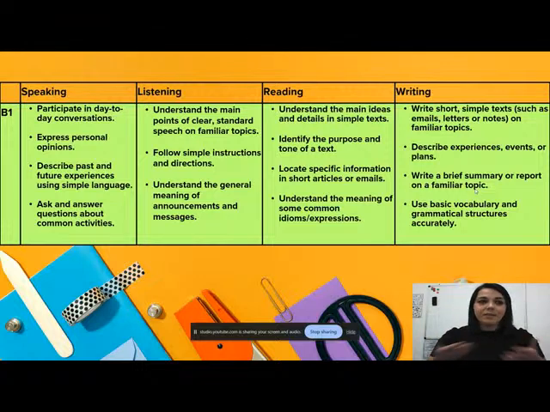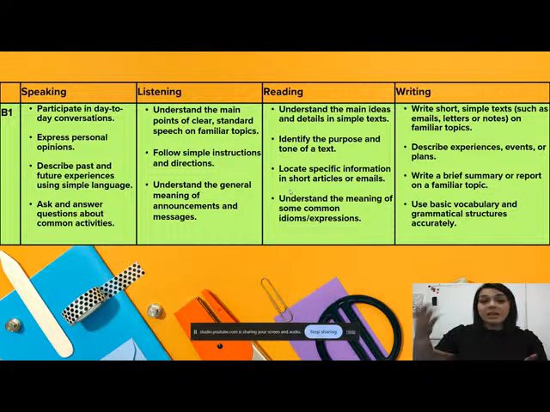And at this level of English, you are expected to be able to take part in day-to-day conversations, to give basic opinions, describe experiences, and to understand the main ideas of short or relatively simple texts, and to maintain a conversation, a day-to-day conversation.